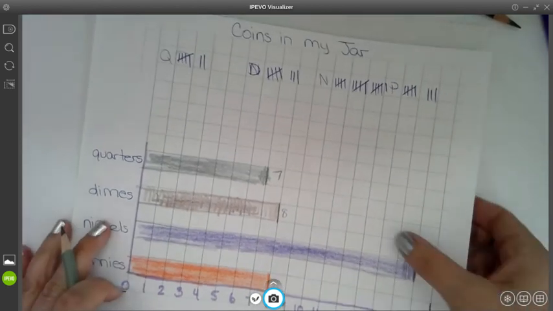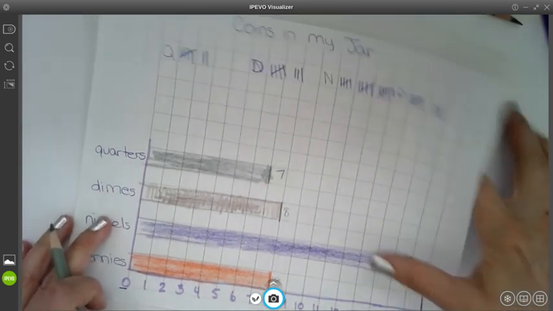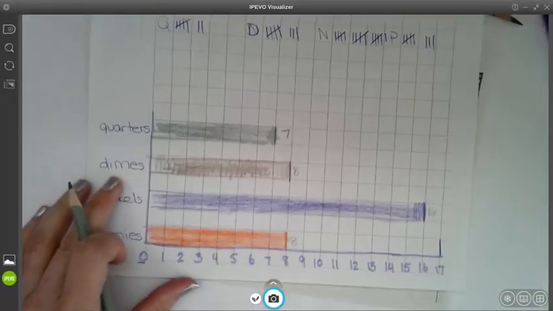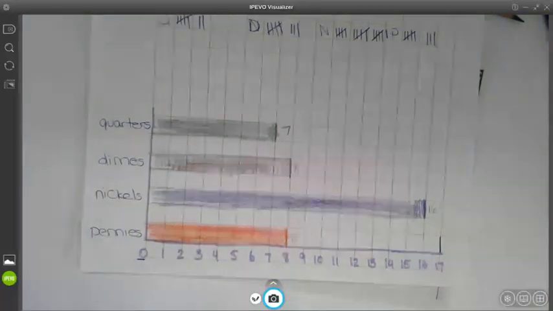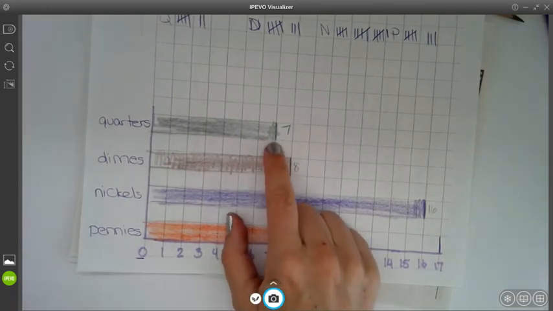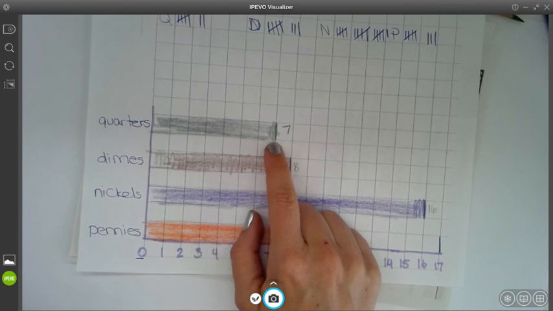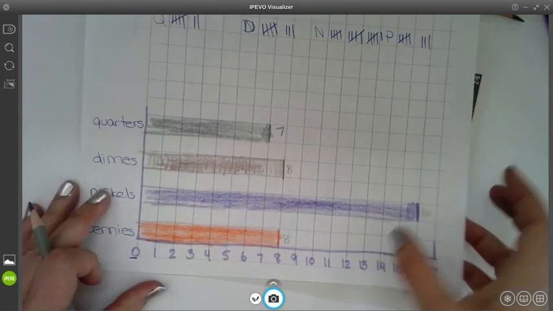Our job today is to create questions. If I look right here, what could be a question that we can create with our data? One might say, if 3 of these quarters are from 1981, that's when they were printed, how many of the quarters are made in other years? How can I solve this problem?